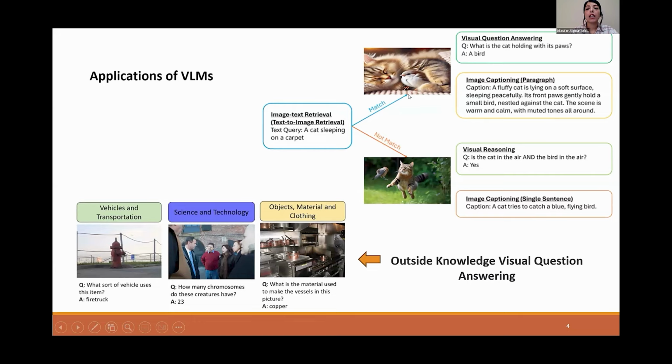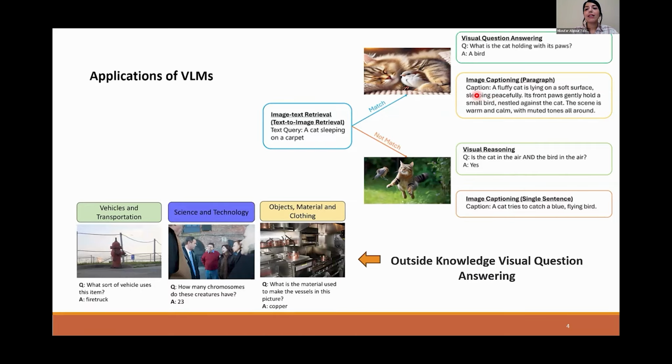As you can see, one of the applications that is really popular is VQA. For example, we have a photo, we ask a question about it, and the VLM easily answers our question. Another application is image captioning, where we can ask for, for example, a single sentence, or even a detailed caption.